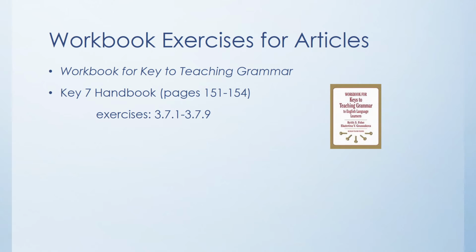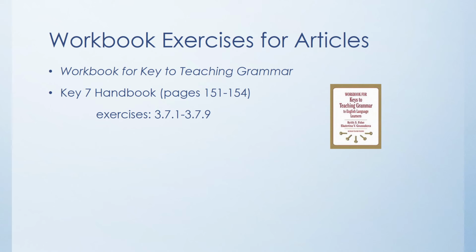Now, there were a number of exercises in our workbook that you can refer to. I thought number 3.7.5, definite article the, was a good one because it's kind of backwards in that you look at the rule and then you give an example for it.